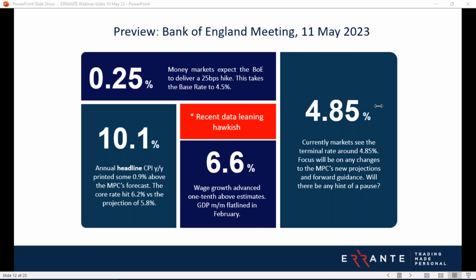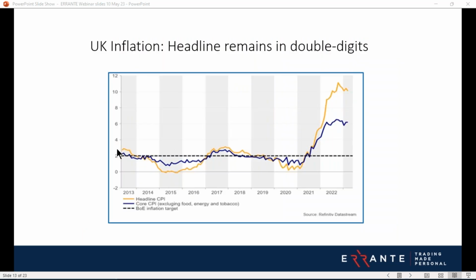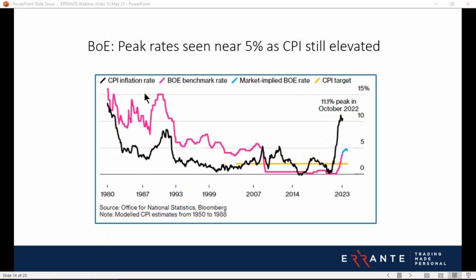Okay, let's just wrap up with a chart of headline inflation. You can see double digits, the lighter line there still in double digits, above 10%. Core as well, look, proving sticky. And then I've also got a sort of overlay of this chart done by Bloomberg.